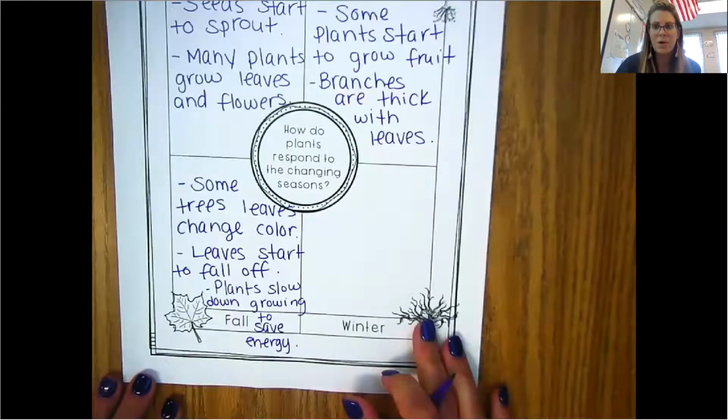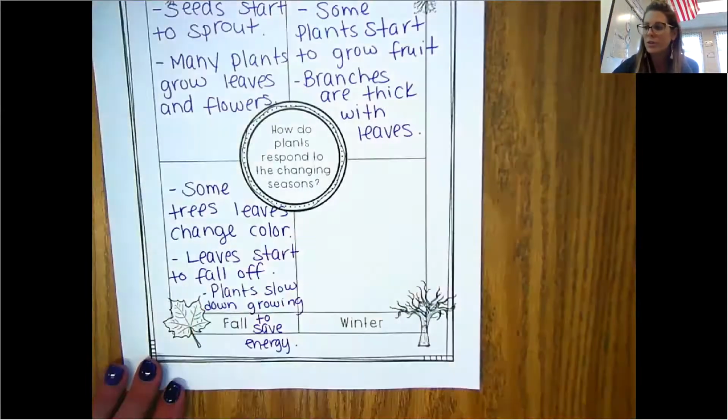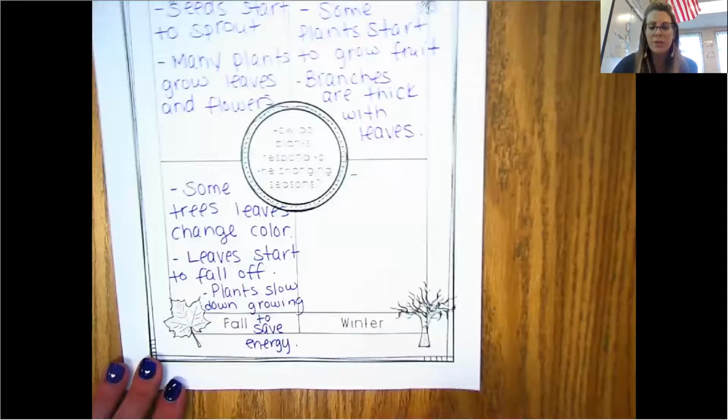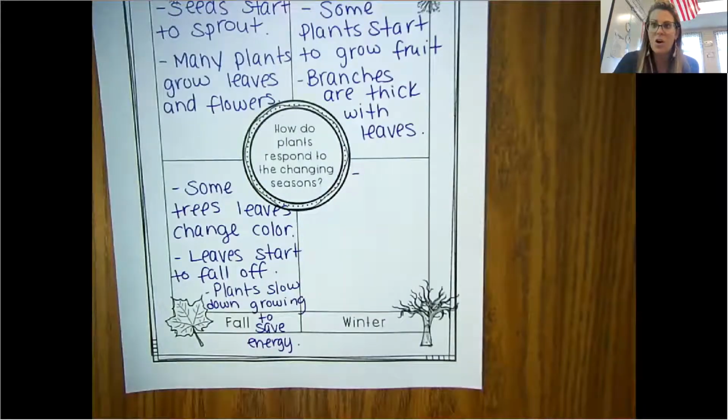Okay, and then what about in the winter? Well, we know in the fall they're starting to lose their leaves. And even in Florida in the winter time, the tree loses all their leaves normally.